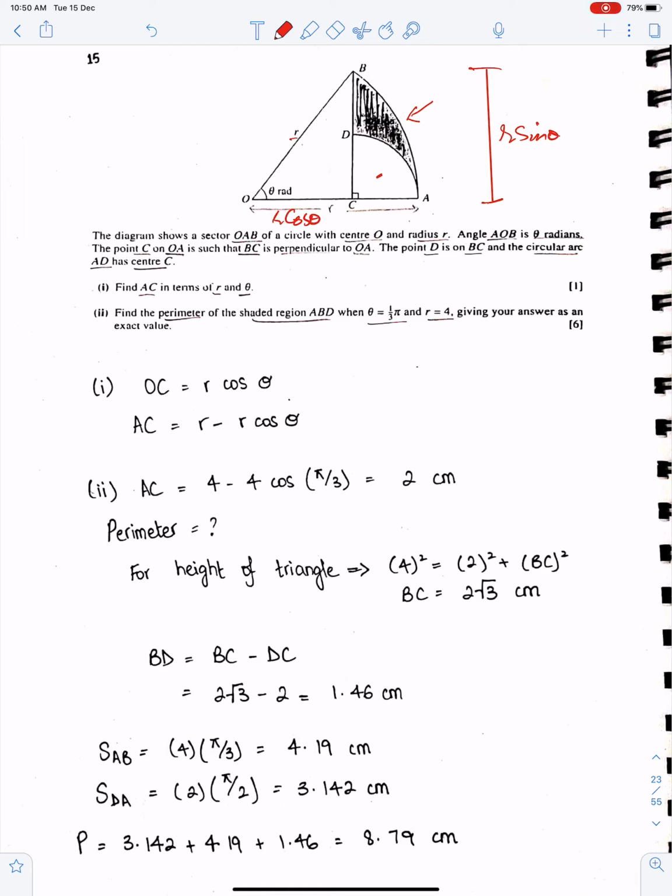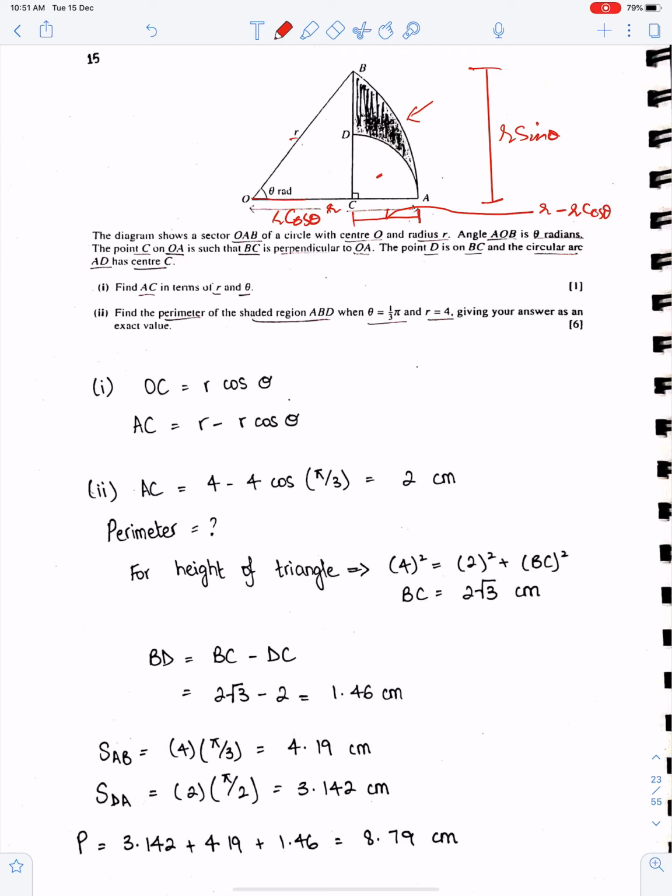And you know this total length is r. So this small length must be r minus r cos theta.